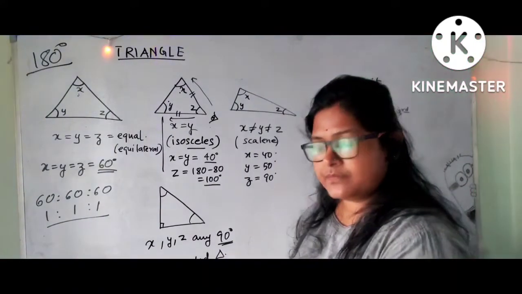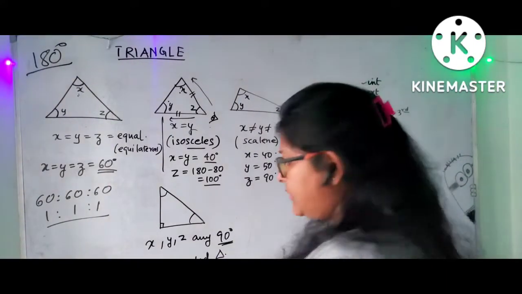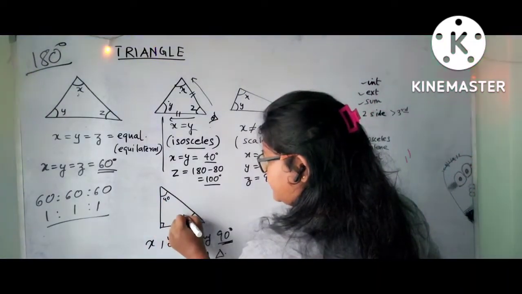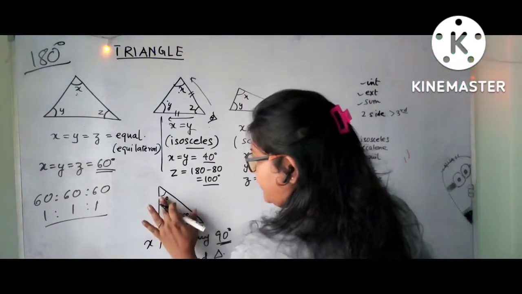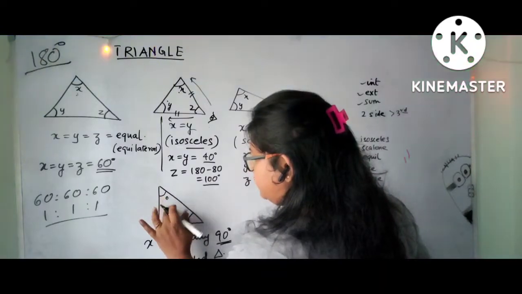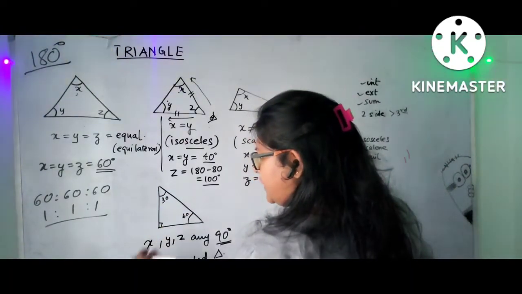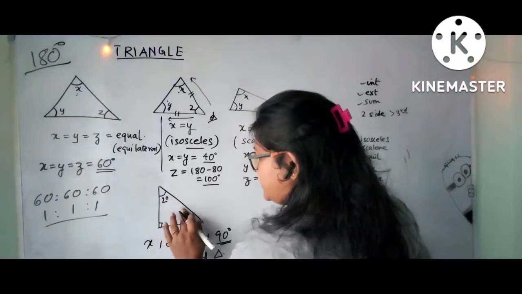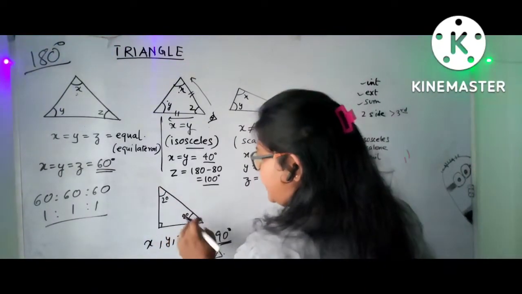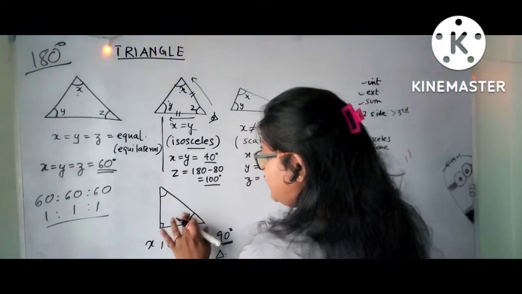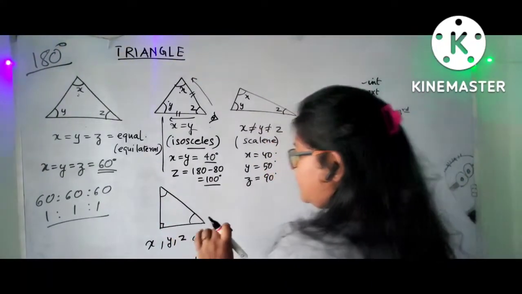Clear? Alright. The other two can be either 40-50, or 30-60, or 20-70, or maybe other numbers also. Alright. So this is known as a right angled triangle.